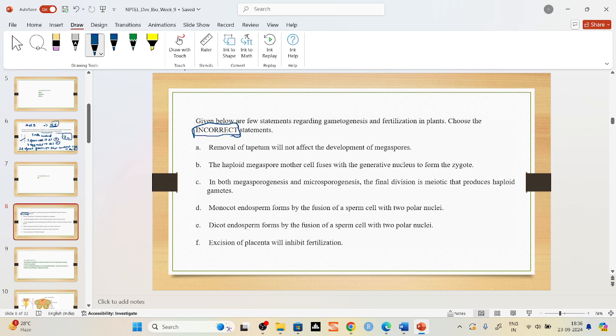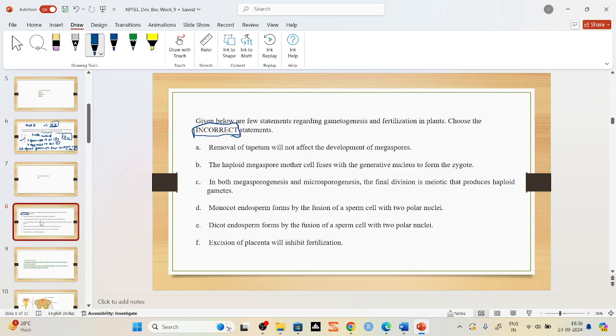The first is removal of tapetum will not affect the development of megaspores. For this, we should know what is tapetum. So, tapetum is the innermost layer of the anther wall, which provides nutrition and regulatory molecules to the developing pollen grains.